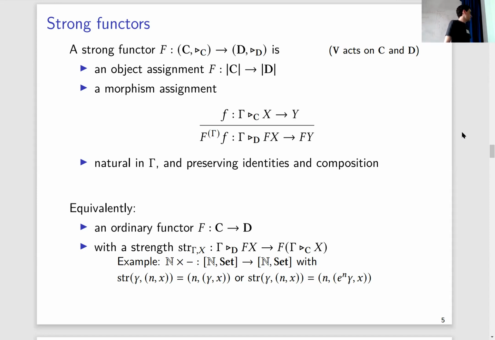So in particular, in this case where we take products with natural numbers, we have two different ways of defining the strength. One where we just do nothing interesting to gamma. Another one where we say do E to the n of gamma. The point I want to make here is that strength is not a property of a functor. Strength is some extra data that we have to provide. And in general, there are multiple ways of providing this extra data.